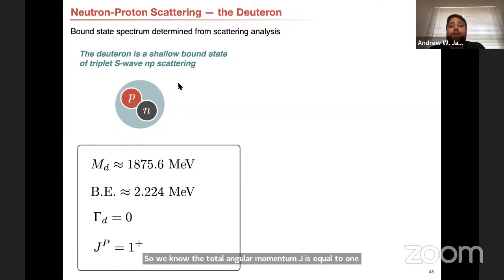So this is a vector particle. Other examples of vector particles are the photon and the rho meson, if you're familiar with them. They are vector particles, which means they have 3 spin degrees of freedom. It also has parity, which I really didn't talk about at all, but parity essentially indicates what orbital angular momentum the system has. In this case, parity plus means it's an even state. 0 angular momenta are even states.